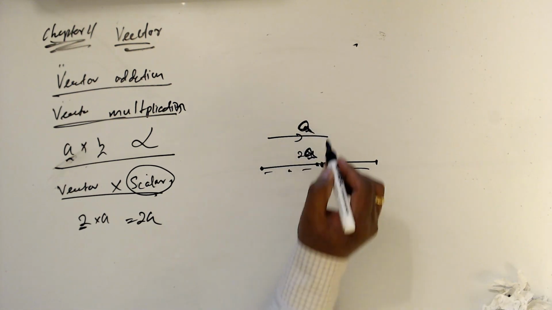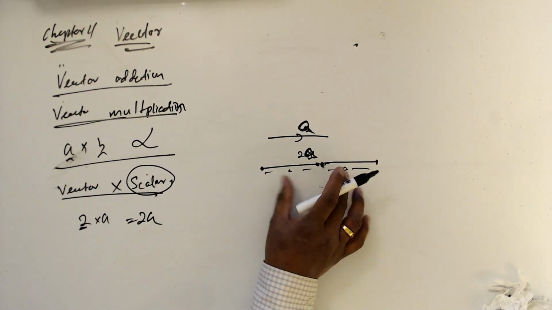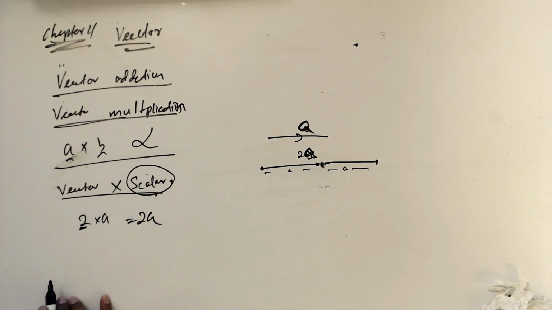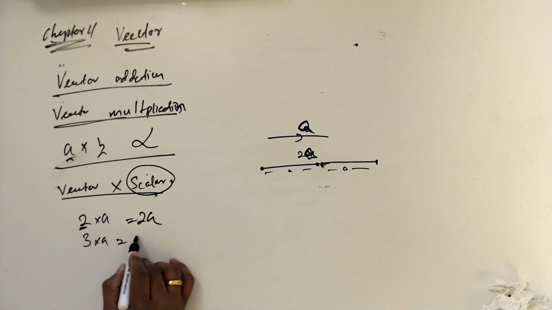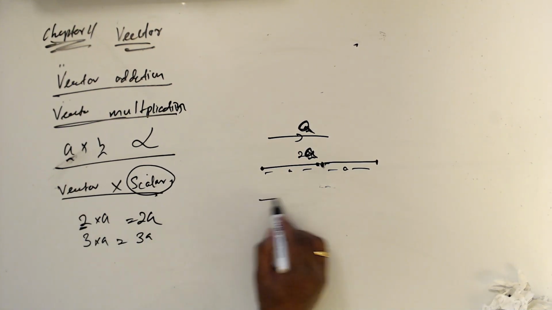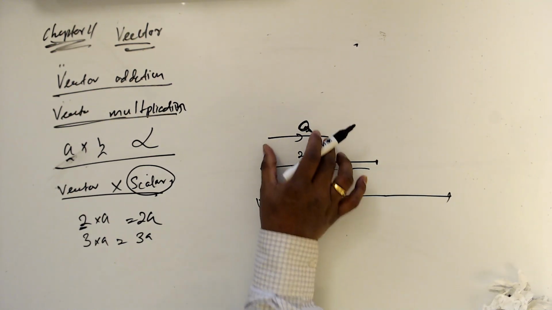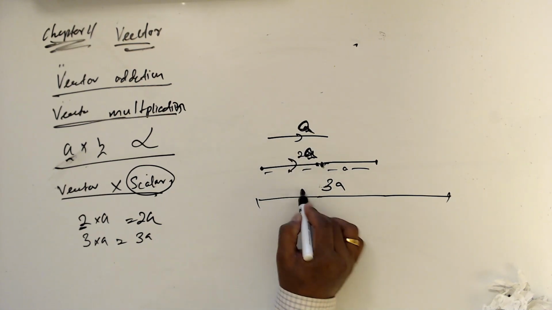You stretch or expand this vector by 2 by multiplying by 2. If we multiply by 3, this is 3A. It means 1, 2, 3, three times. So this is going to be 3A, in the same direction.